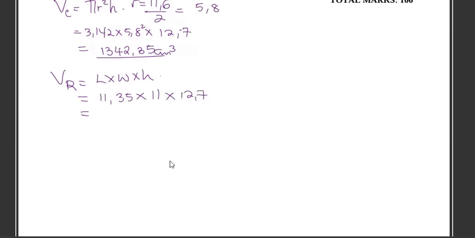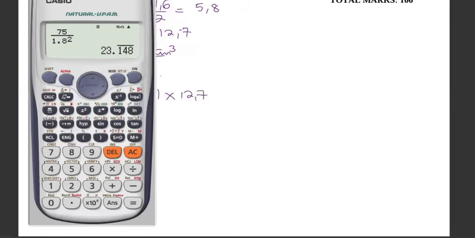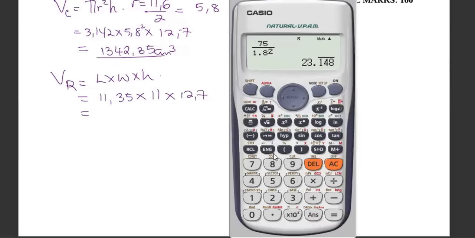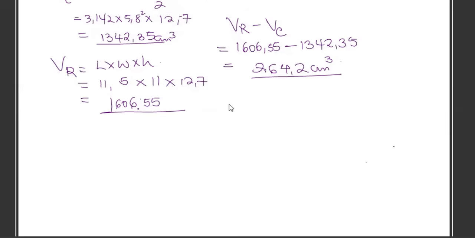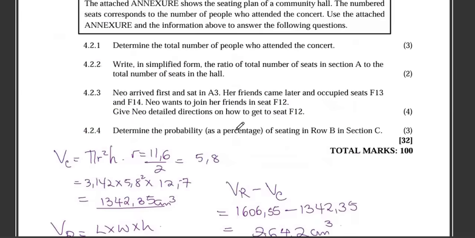Put this in the calculator. What do you end up having? We have 10.35 times 11 times 12.7. Press equals. Okay, that was the difference.